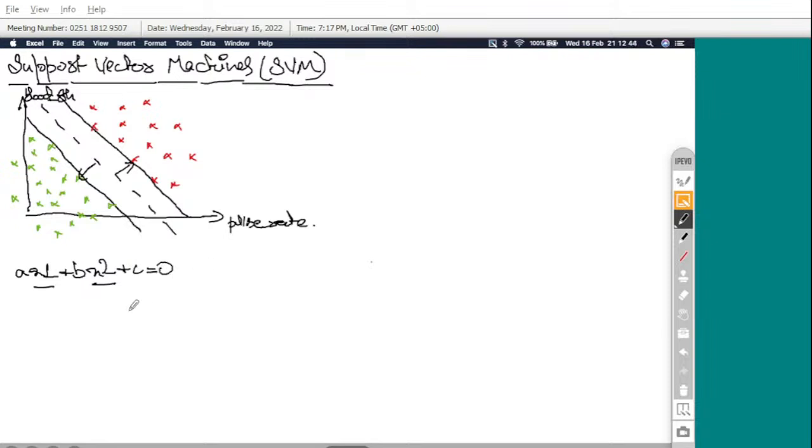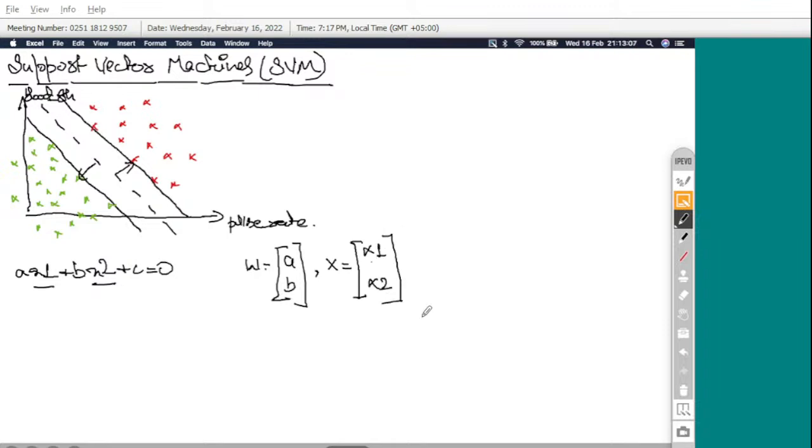Perfect. Now, what if we create the matrices? Let's say I created a matrix W as A, B, and a matrix X as x1, x2.